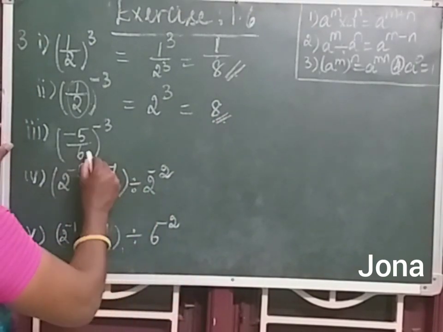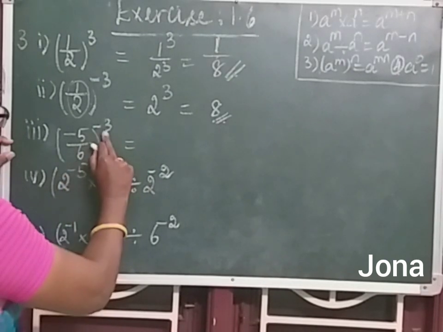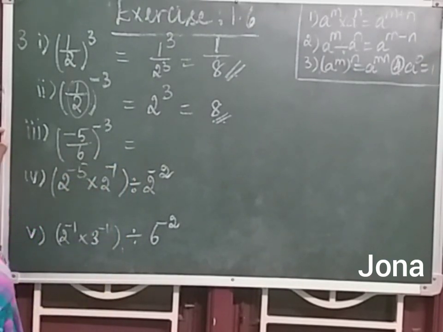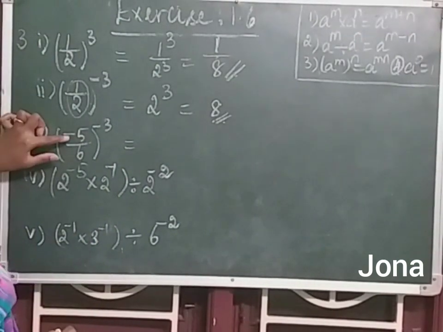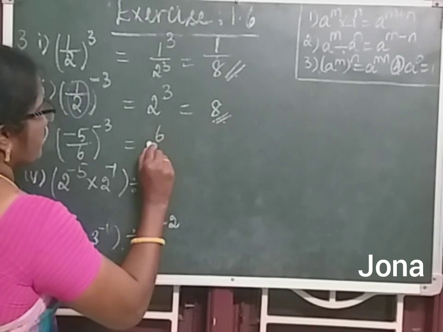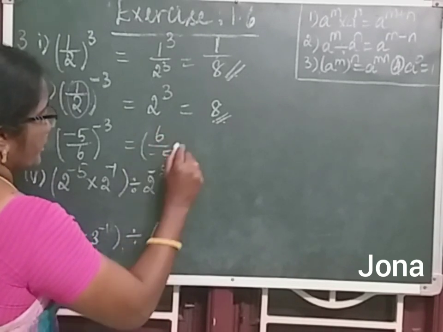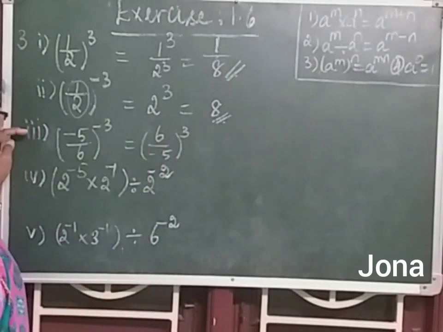Look at the next problem. Here minus 5 by 6 whole power minus 3. I told already, if it has minus power, we can take the reciprocal of the bracket. That means 6 by minus 5 whole power, I have to change the symbol as plus 3.